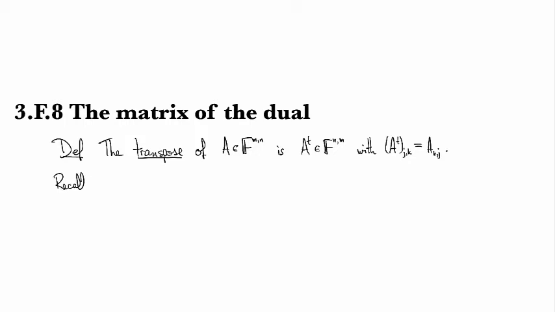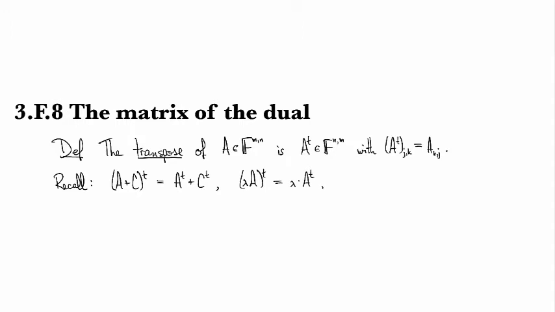If you recall your properties of the transpose, you know that the transpose of a sum is the sum of the transposes. And if you transpose a scalar multiple, that's just a scalar multiple of the transpose.